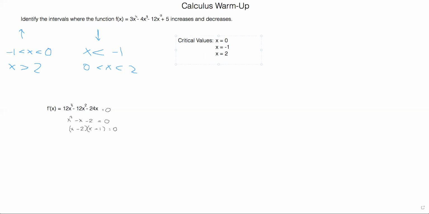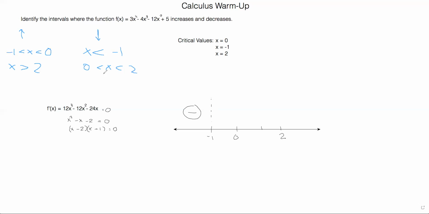Perfect. So now what I like to do is make my little sign chart. The sign chart just tells me the sign of the derivative at a particular value of x. So our critical values are -1, 0, and 2. You've already identified that the function is decreasing when x is less than -1, so you have that part right.